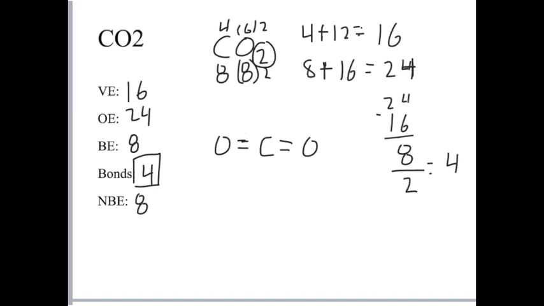So my non-bonding electrons are these 8 electrons right here, which means I need to put 8 dots around my atoms until their octet is full. Okay? So I'm going to draw some circles here. This oxygen feels like it has control of those electrons, and this oxygen feels like it has control of those electrons. Then my carbon feels like it has control of these electrons.